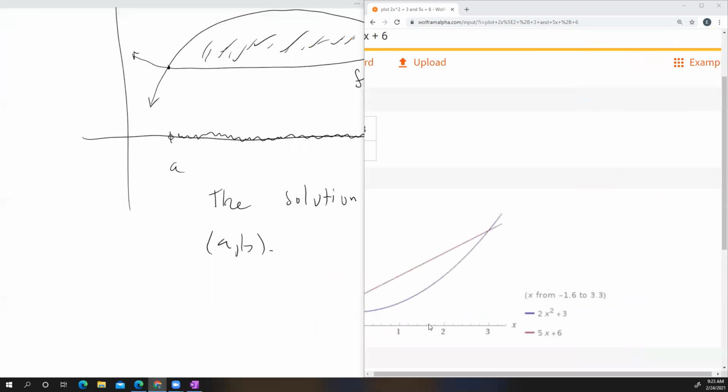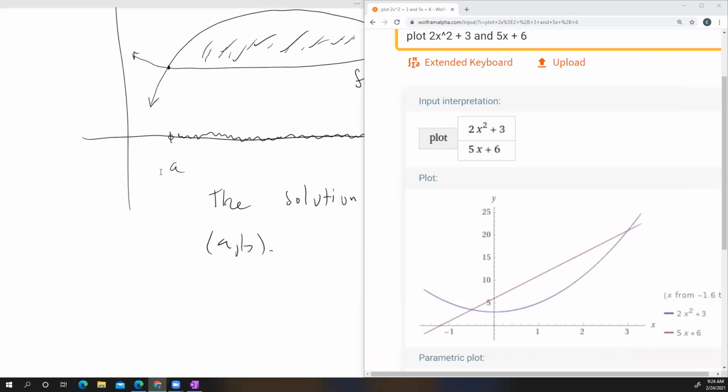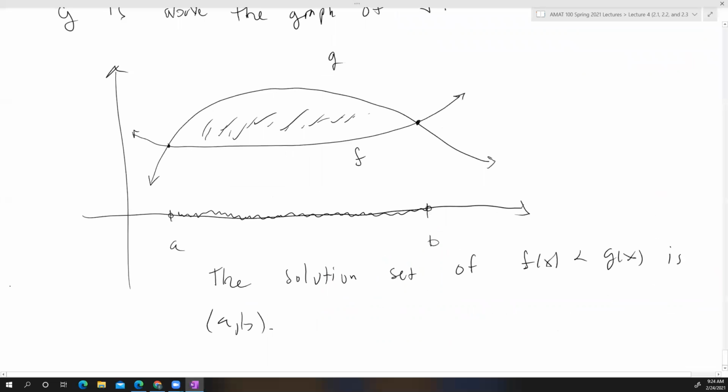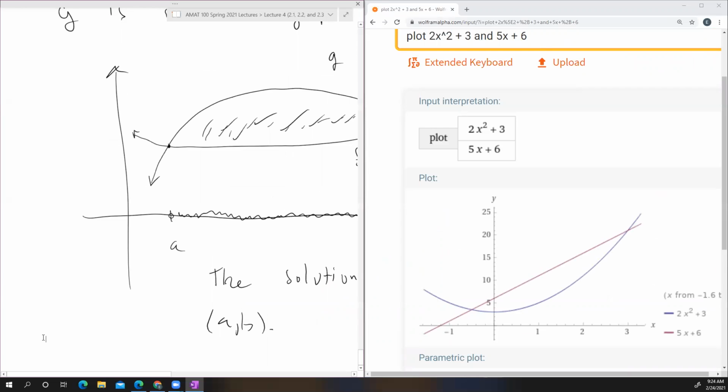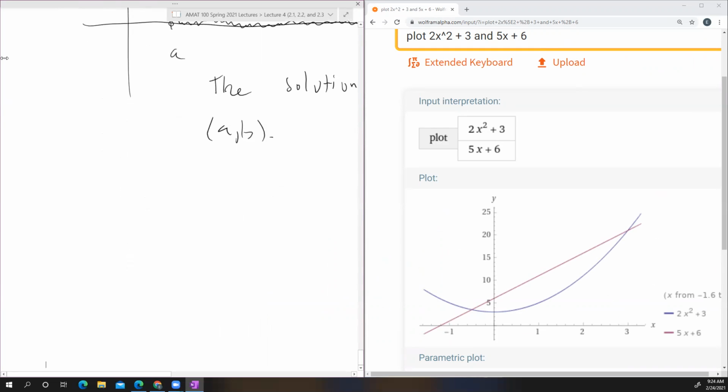So let me just put this to the side, because this part of the example is a little more complicated. As I said, we're in example 3, and now we're on part B. We want to find where 2x squared plus 3 is less than or equal to 5x plus 6.